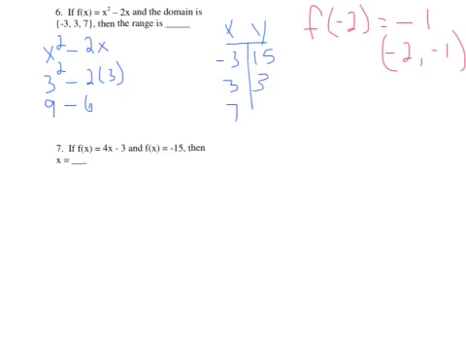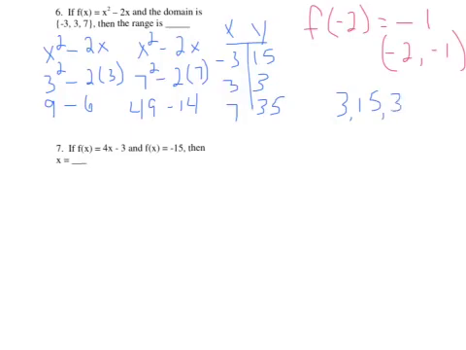And then I will use x squared minus 2x again for the last value. This time we're going to substitute 7 in for x. So 7 squared minus 2 times 7, 49 minus 14 is going to give us 35. So then the range would be 3, 15, and 35.